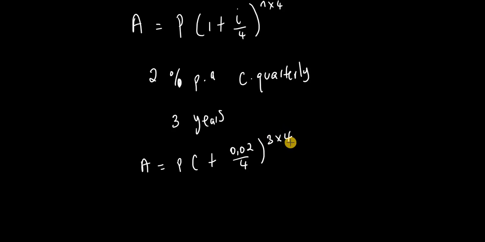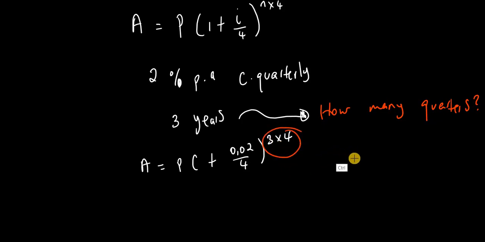Why do you do this? Take a second and ask yourself, why do I have to do this? Now, this is because you want to find out in 3 years, the big question you're asking yourself is, how many quarters do we have? That's why you multiply 3 by 4, which means in the first year, how many quarters do you have?